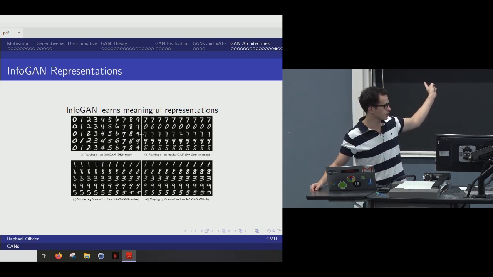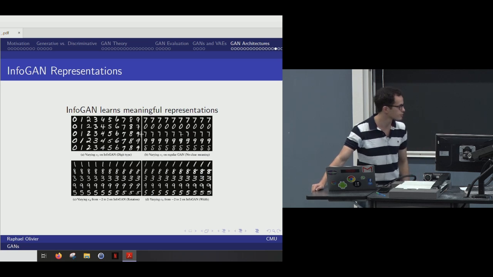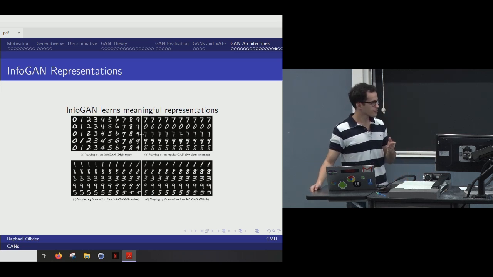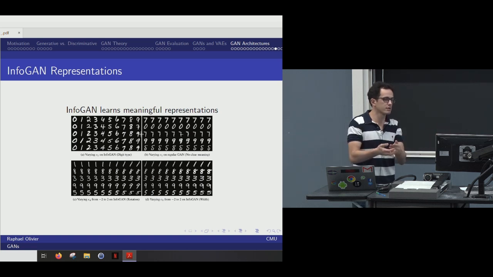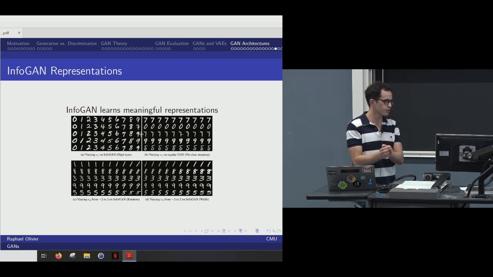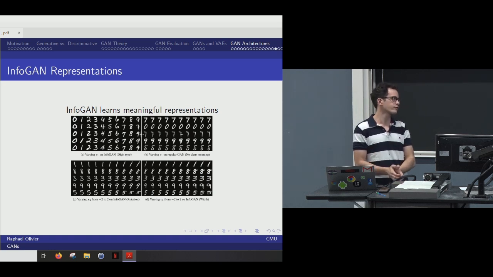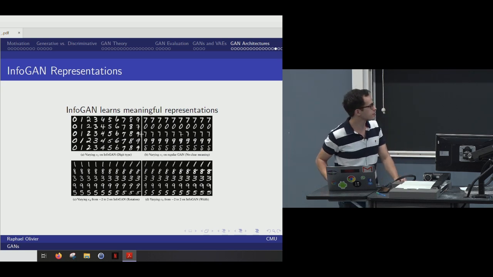If they change it, their ones are rotating, and their twos, their threes are all rotating. So by saying I only have 10 meaningful dimensions, they managed to disentangle those dimensions so that each one of them corresponds to a salient feature of the data. That's the rough idea behind InfoGANs.